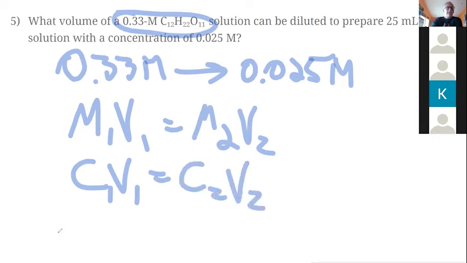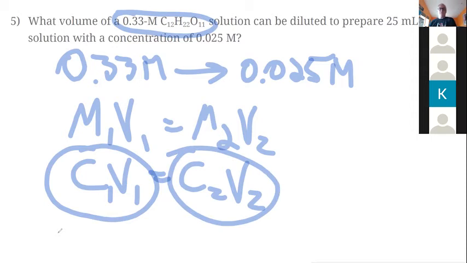If we were to multiply C1 by V1 and C2 by V2, what actual numbers do we get? What numbers does that give us? The same number. Gives us the same number, but more importantly, it gives us the same unit. What unit does it give us?